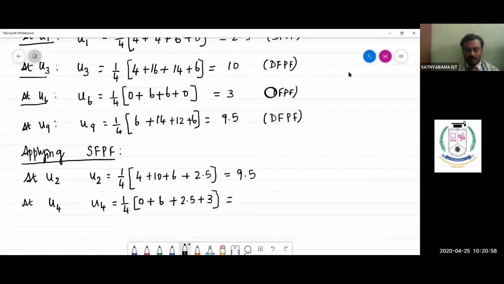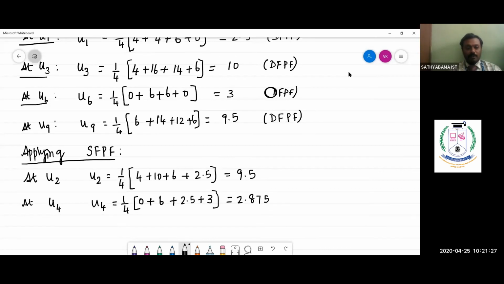So using the calculator, let's get this value. 11.5 divided by 4, that is equal to 2.875.